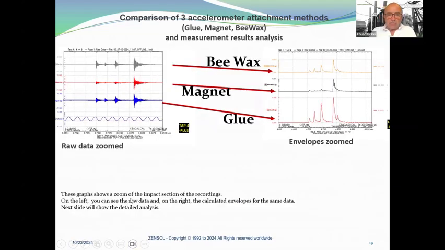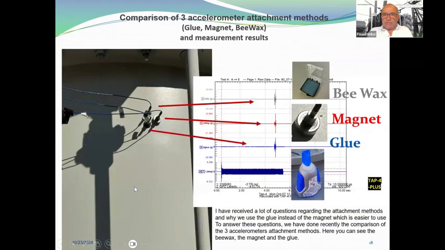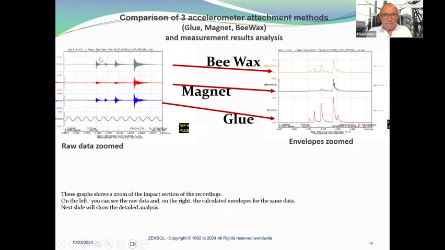This graph shows a zoom of the impact section of the recording, for the signal from the beeswax, the signal from the magnet, and the signal from the glue. On the left, you can see the raw data. On the right, the calculated envelopes for the same data.